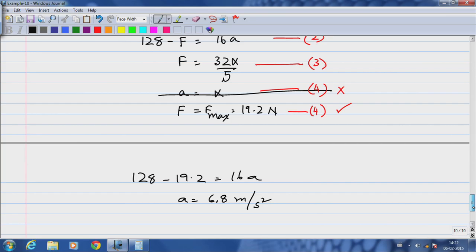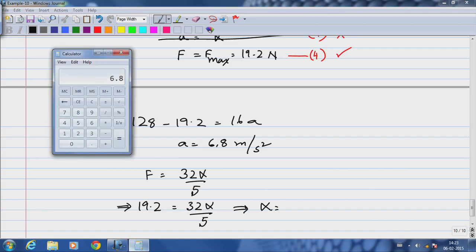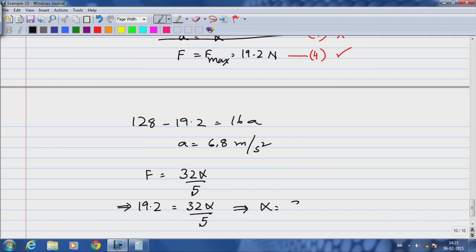Equation number 3 is still valid. So, F equals 32 alpha over 5, which implies 19.2 equals 32 alpha over 5, which implies alpha equals 3 radians per second squared.